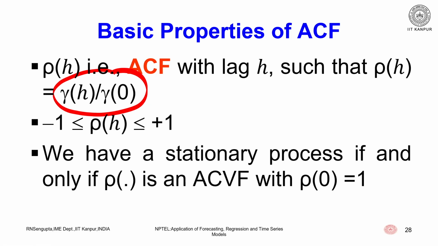There it gives the idea that correlation is between -1 and +1. Now, we would have a stationary process if and only if the autocorrelation function is equal to the autocovariance function with the correlation constant being 1, and we will consider that in the diagram.